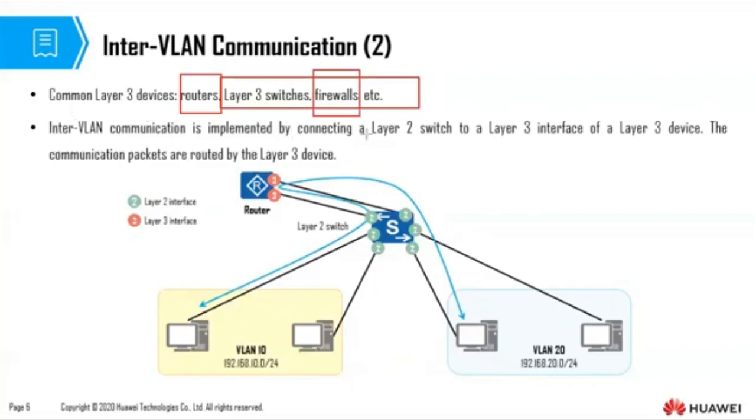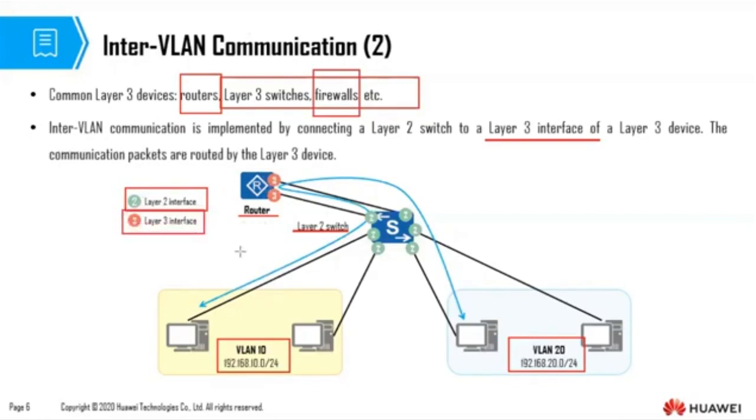Inter-VLAN communication is implemented by connecting a layer 2 switch to a layer 3 interface of a layer 3 device. As you can see here, we have a router, which is a layer 3 device, and we have a layer 2 switch. In our layer 2 switch, we have created VLAN 10 and VLAN 20. All the interfaces on our layer 2 switch are layer 2 interfaces. On the other hand, we have layer 3 interfaces on the router.